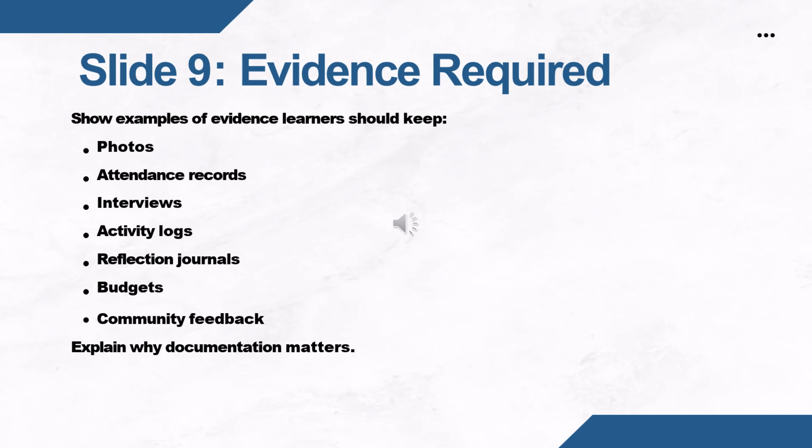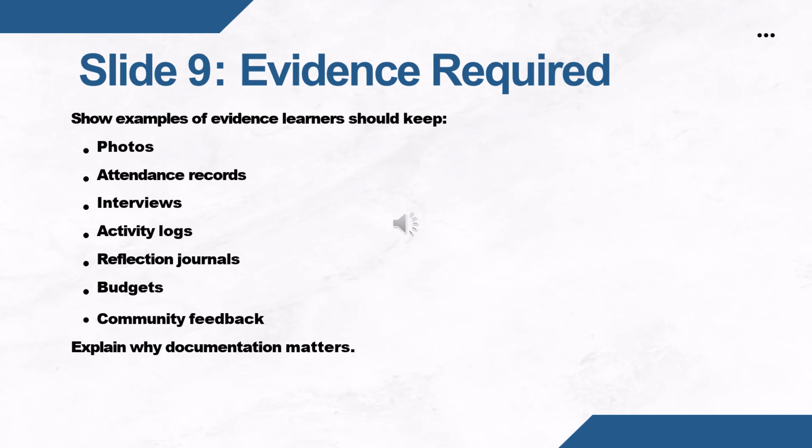Learners should also write reflection journals where they describe what they learned, the challenges they faced, and how they overcame them. If the project involves spending money, a simple budget should be kept to show how resources were used responsibly.